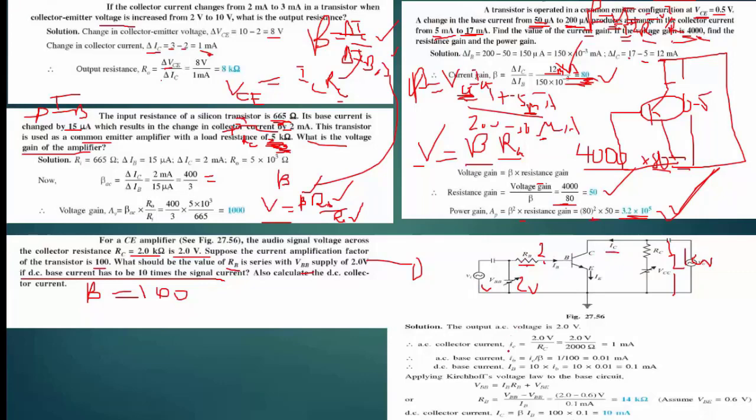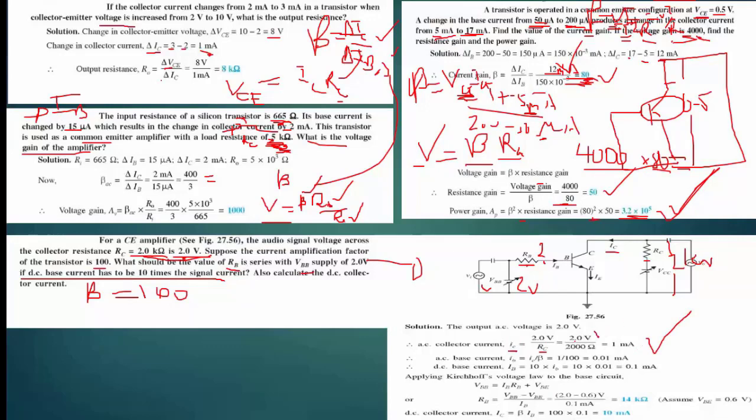So AC collector current is equal to 2 volts divided by the resistance, kwa sababu tumeshapewa voltage across the resistance, na hii resistance tumeshaambiwa ni 2 kilo ohms. So from here we can get the current kwa kutumia V divided by R. So na 2 volts divided by 2 kilo ohms tunapata 1 milliampere.